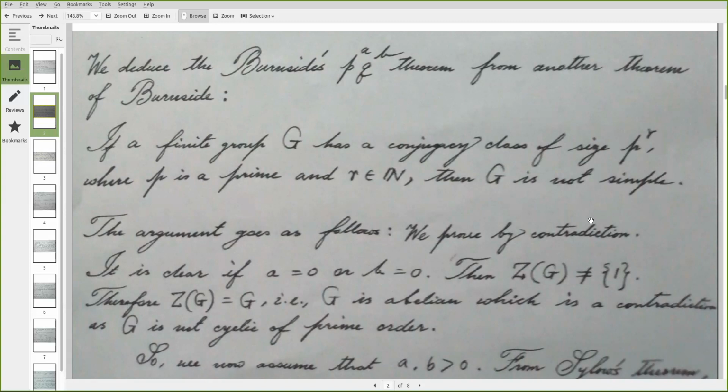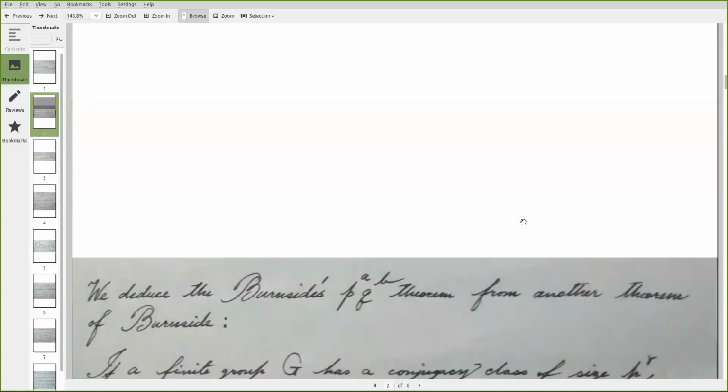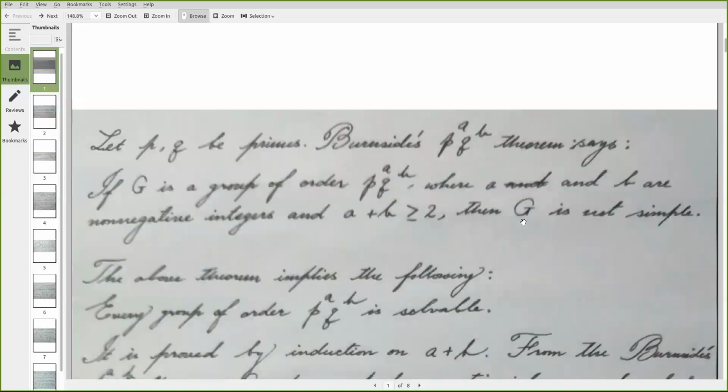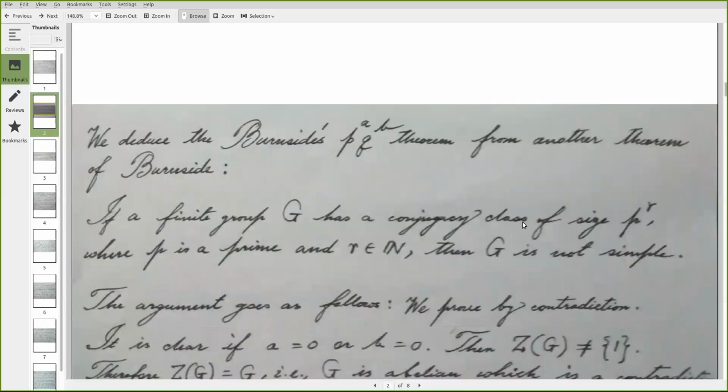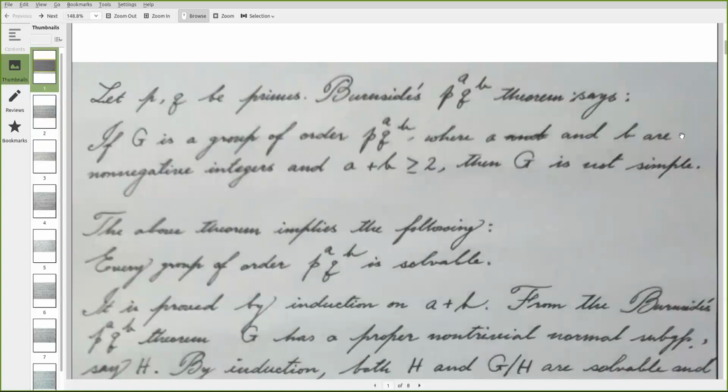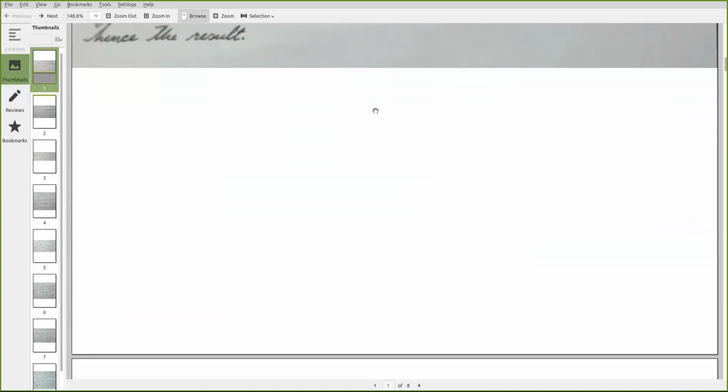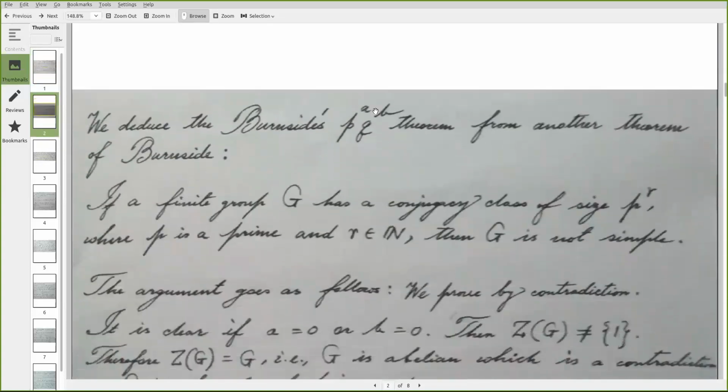Okay, so we stop now, and I hope the chronology is clear: this is the main theorem, which actually gives us a large class of solvable groups, and this theorem is derived from another interesting theorem of Burnside.